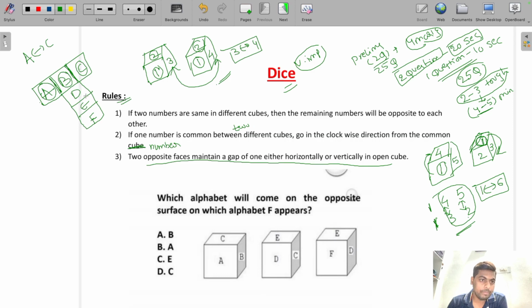If you take B, between B and E there is a gap of 1, so B and E will be opposite to each other. This is a vertical gap. And here D is there and there should be one gap, so it will be F. So D and F will be opposite to each other.